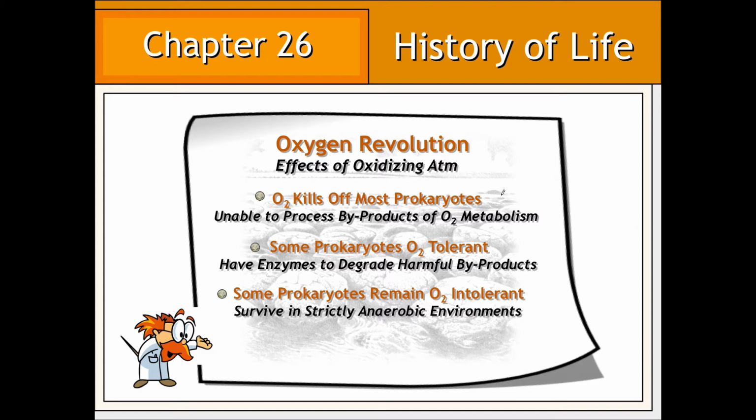There were some groups of prokaryotes, however, that were able to tolerate the presence of oxygen because they had enzymes that enabled them to break down some of these otherwise harmful byproducts. Anaerobic prokaryotes did survive, at least some of them, in environments that remained strictly anaerobic.